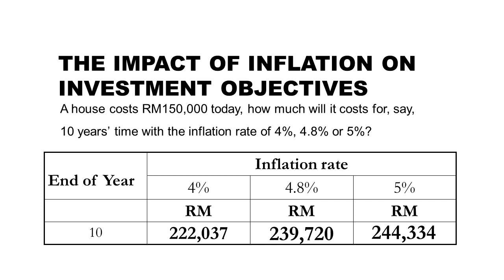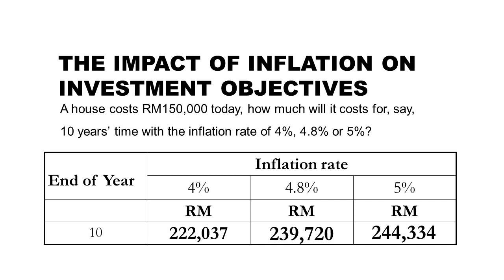So future value is unknown. Present value is 150,000. 1 plus i, 4%, to the power of 10 years. So you just solve the equation. 1.04 to the power of 10, times the 150,000. How much do you get? 222,037.